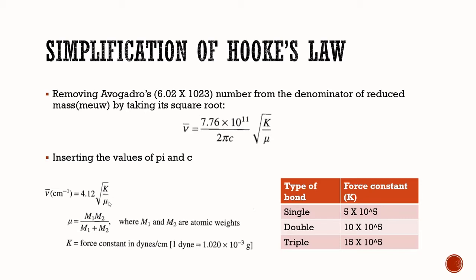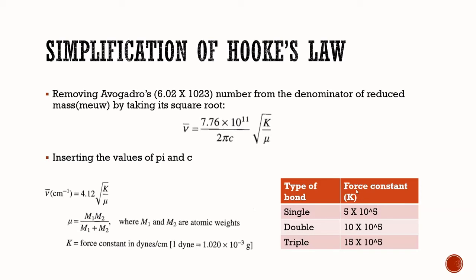As you can see here, mu is inversely related to the frequency. So the heavier the atoms, the more will be the reduced mass and the lesser will be the frequency of that particular molecule. And K is the force constant or the bond strength.